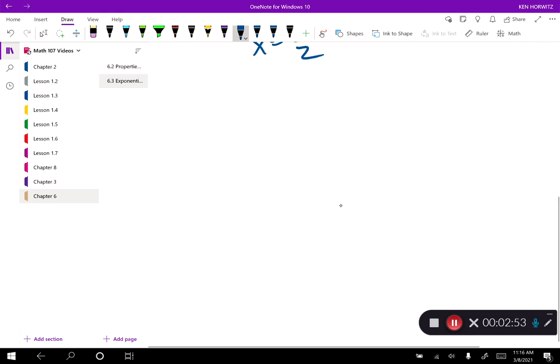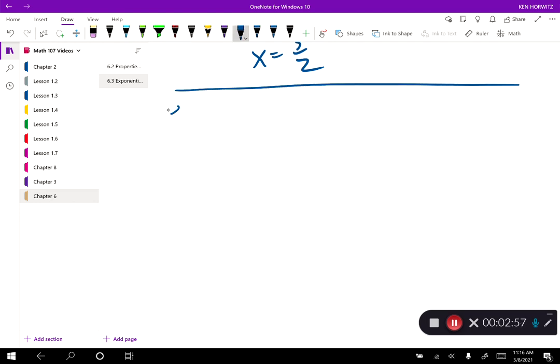All right, let's try another one where we make some like bases. My example is 9 to the x power equals 3 to the x plus 1 power. Now it's pretty apparent that I can make this 3 squared raised to the x power, and it equals 3 to the x plus 1.